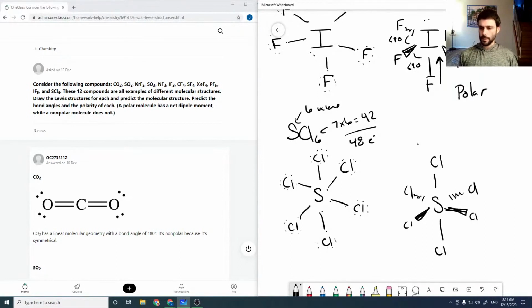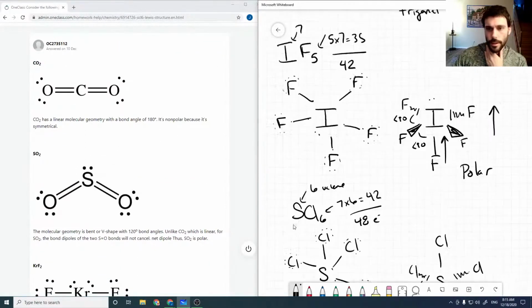And so this is an octahedral structure. Each of these angles is 90 degrees. And although each of these bonds would be polar, there's perfect cancellation, so this will be non-polar. Okay. So that's all of them.